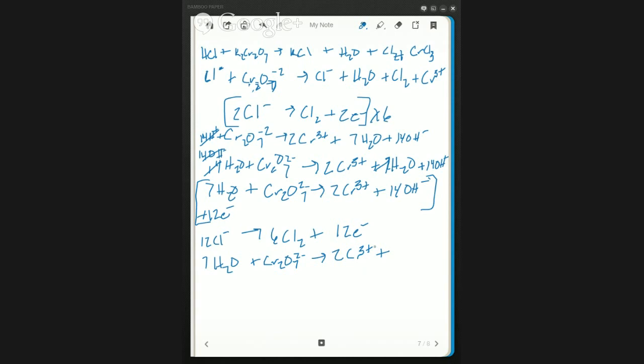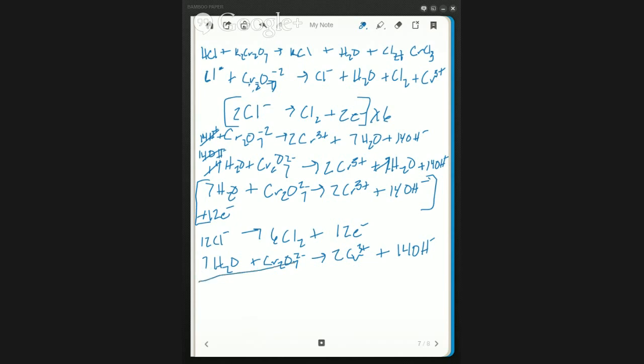So now we're here. Oh yeah, it's finishing writing the equation. That's Cr3 plus, and our 14 hydroxides.